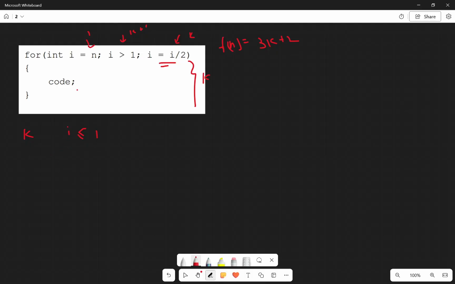So after k iterations, i starts at n, and in each iteration it gets divided by 2. So after the kth iteration, I can say n over 2 to the power k is less than or equal to 1.